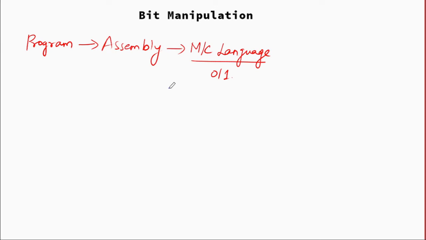These zeros and ones are known as bits, and these are understood by the computer. The computer understands in terms of bits.